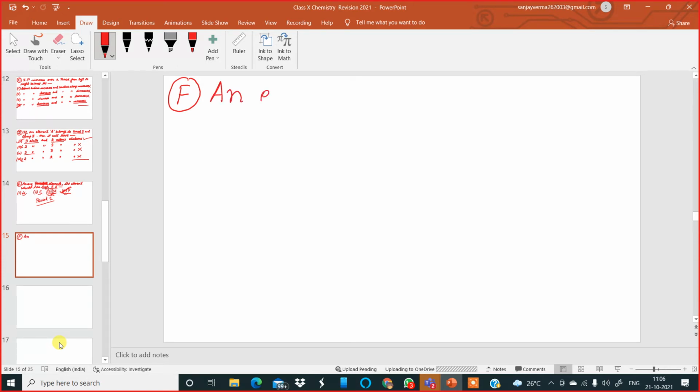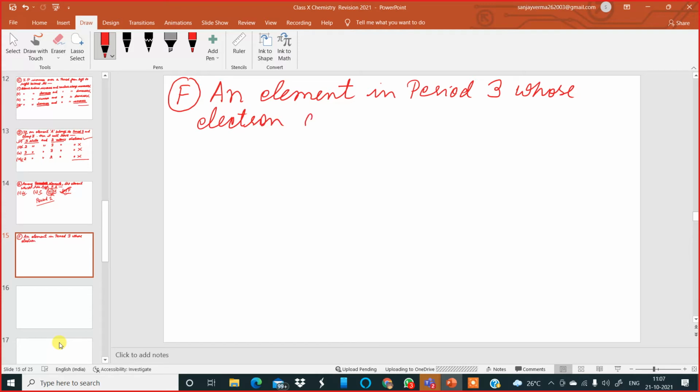An element in period 3 whose electron affinity is 0. So options I'm giving.